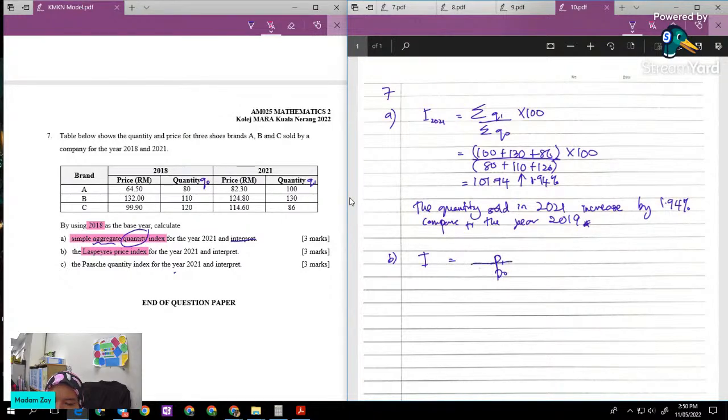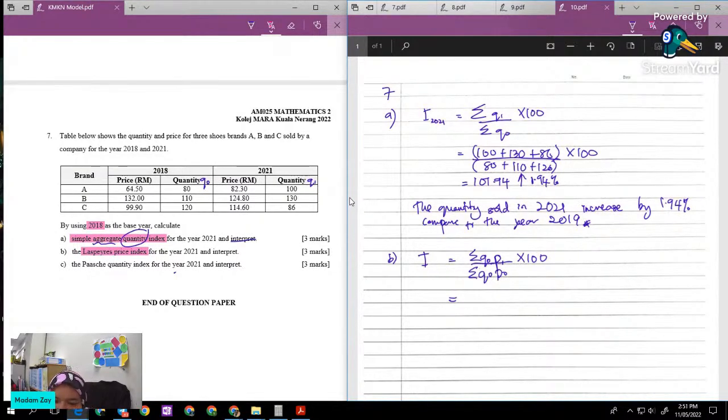So, pemberat dia adalah quantity. Cuma sekarang kita nak kena tahu quantity apa. Nak quantity Q0 ke Q1? Kalau Laspeyres, dia guna base year Q0. So, ini formula kita lah. Kalau you confused, you tengok je table formula tu. Tak payah nak hafal-hafal. Saya faham macam ni.